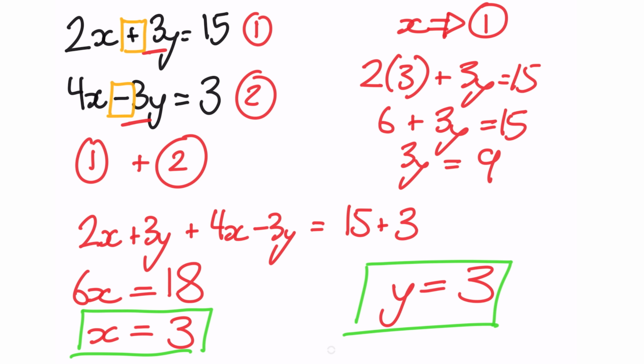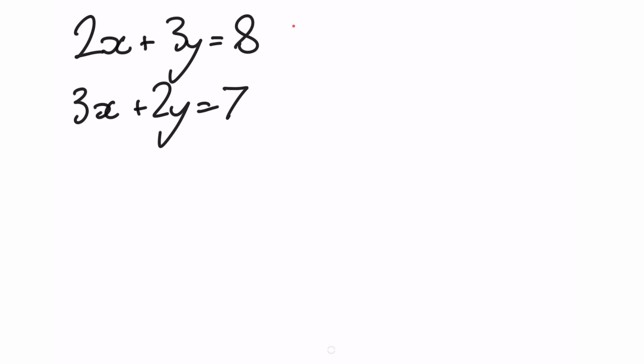Let's look at one more. In this case, you can see that both the top and the bottom have different numbers. So 2x and 3x and 3y and 2y. Well, how are we going to get the same coefficient for both equations? Well, we can multiply one of the equations so that they line up with the other equation.